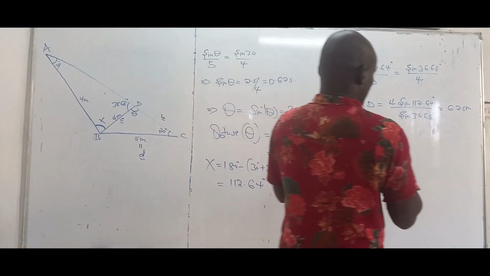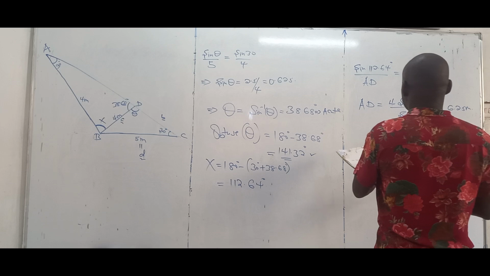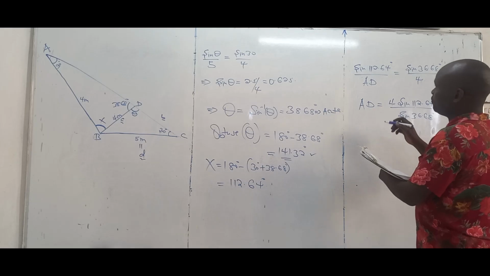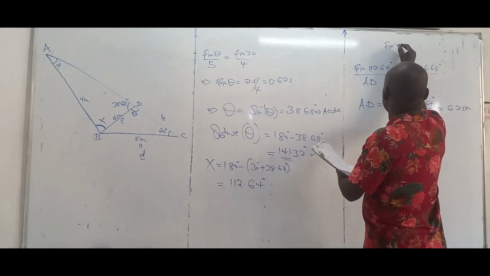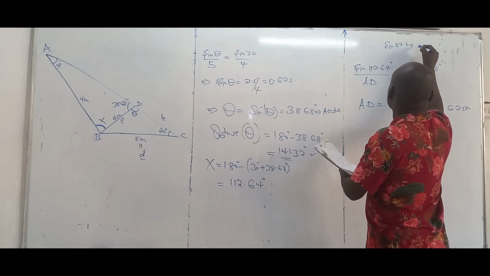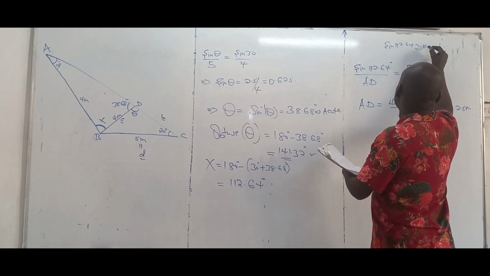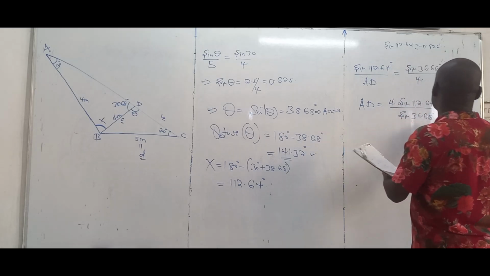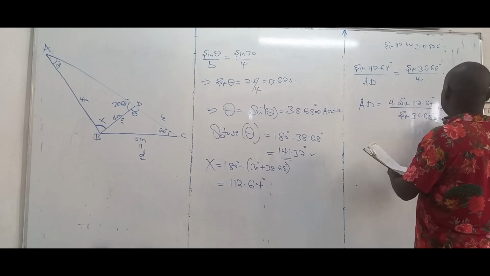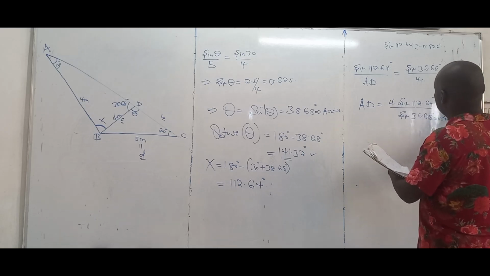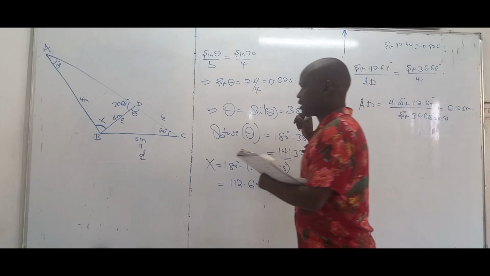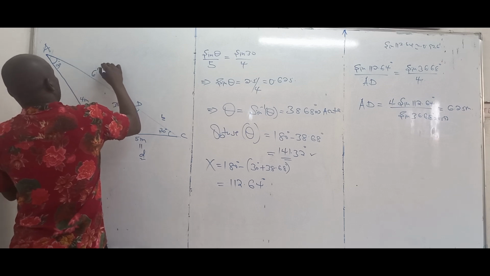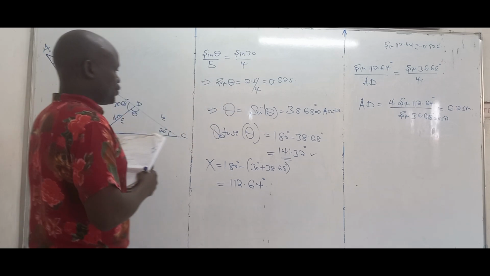Yeah, the value is 6.25. That is because sin of 112.64 is approximately 0.926, and sin of 36.68 is approximately 0.597. So you divide and you get 6.25 meters as AD. That's AD, 6.25 meters.